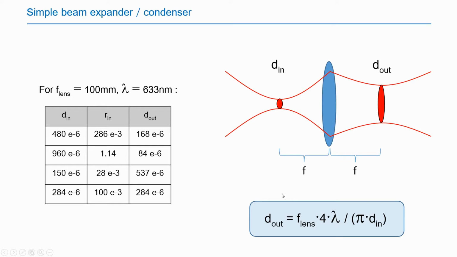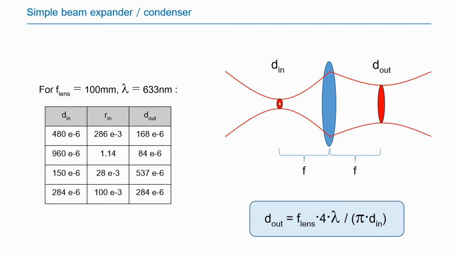Now, the equation that determines the magnification or the size of the input or output beams is this one right here. The magnification or demagnification that happens from the lens is governed by how the Rayleigh length of the input beam compares with the focal length of the lens.